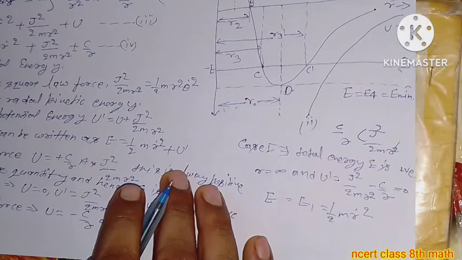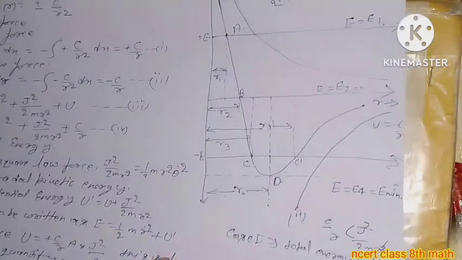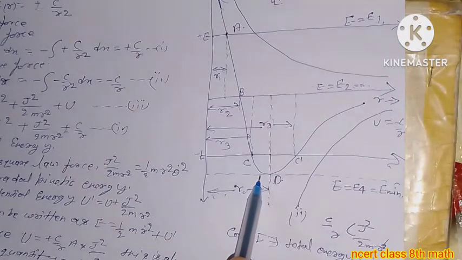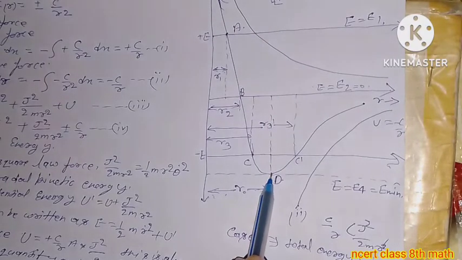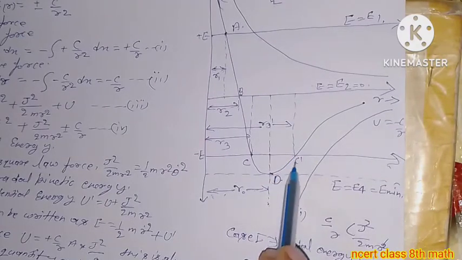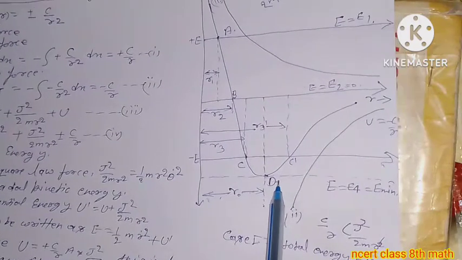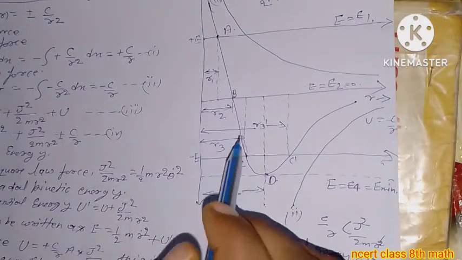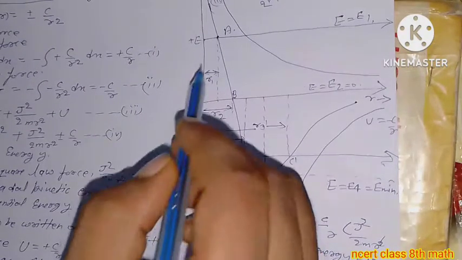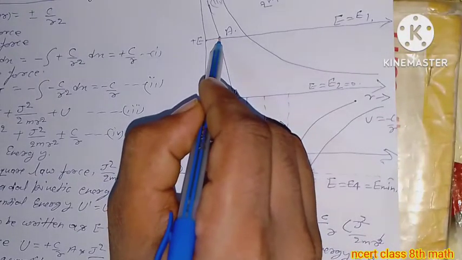As the particle travels from infinity to the other mass, U dash first becomes negative, reaches a minimum negative value, and then goes on increasing till U dash equals E for R equal to R1 at A as shown in the figure.